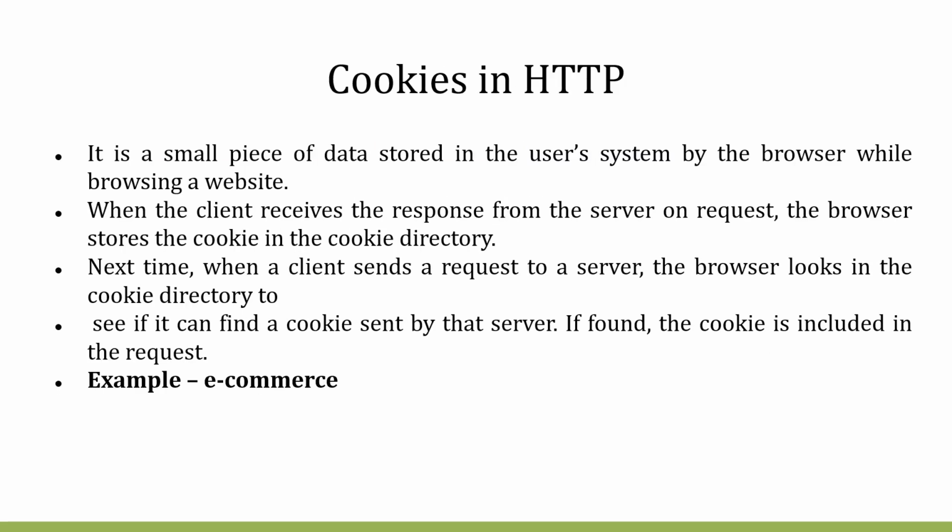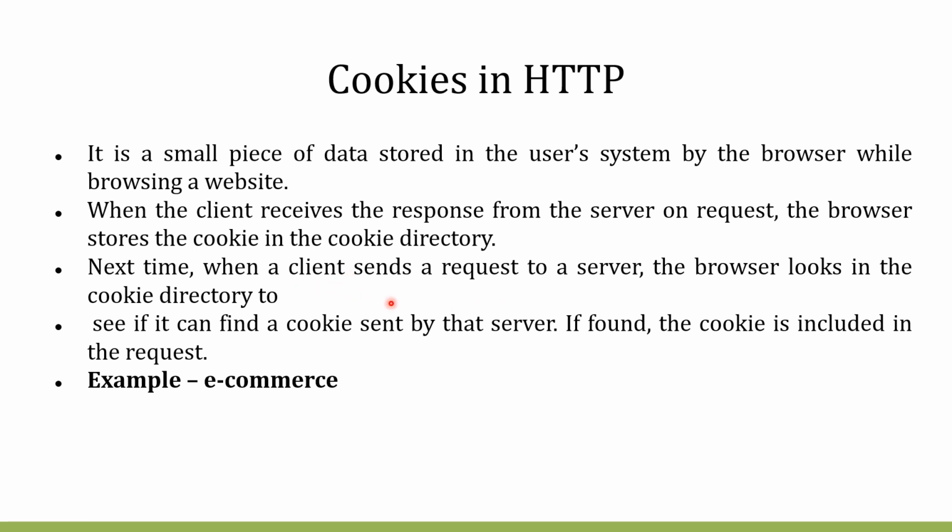A cookie is a small piece of data stored in the user's system by the browser while browsing a website. When a user visits a website, the server can send a cookie along with the response. The browser stores this cookie in the cookie directory on the user's system. Next time the user visits the website, the browser checks the cookie directory to see if it has a cookie from the server.